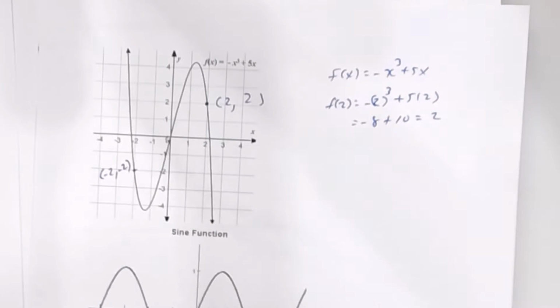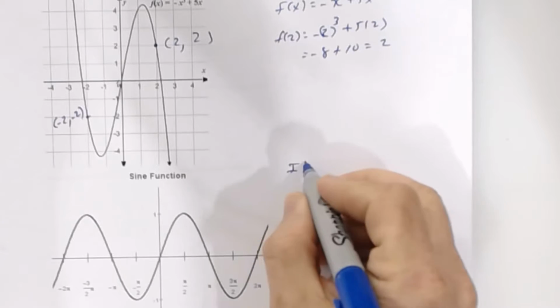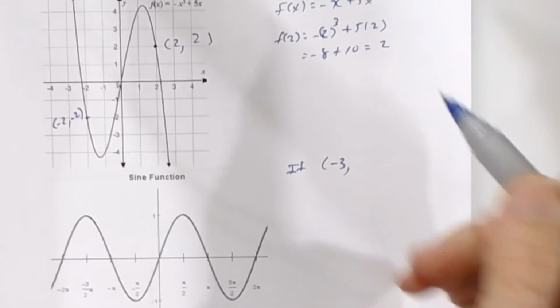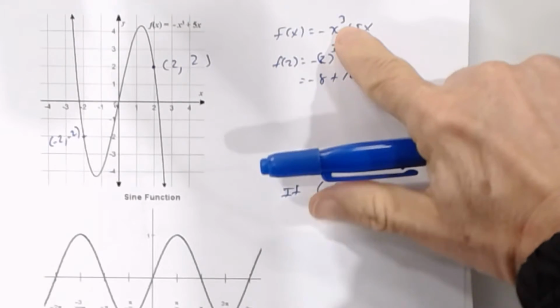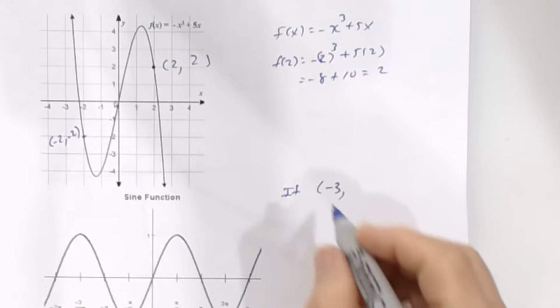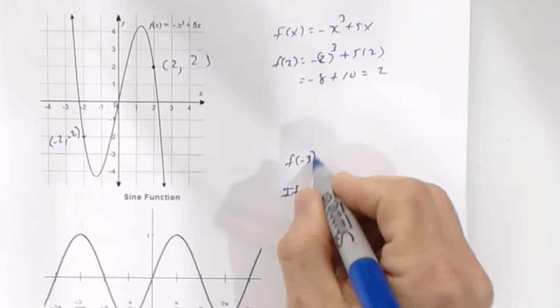So basically, on that in-class worksheet, if negative 3, I'm going to try and figure this out. What's negative 3 cubed? Negative 27.